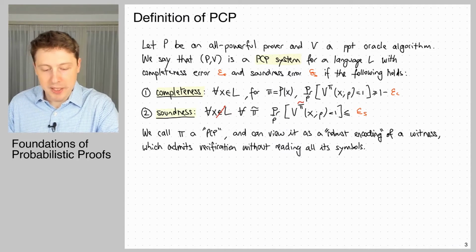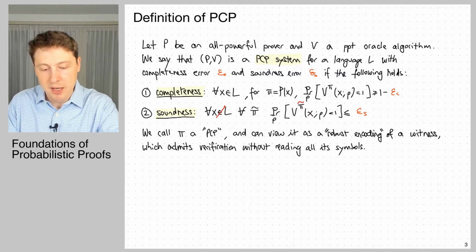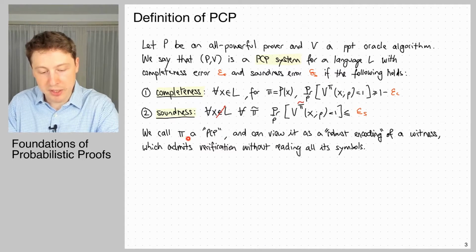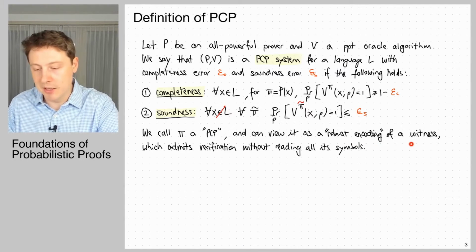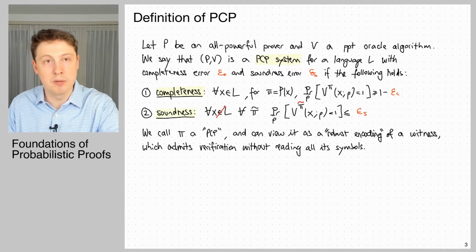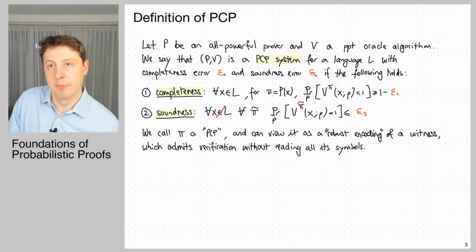I'll be using PCP in a fairly loose way. Sometimes I may say PCP for the system itself, and sometimes I may say PCP for the string itself. The way you should think about it is some sort of robust encoding of a classical NP witness. This robust encoding denotes the fact that the verifier doesn't have to read all of its input symbols.